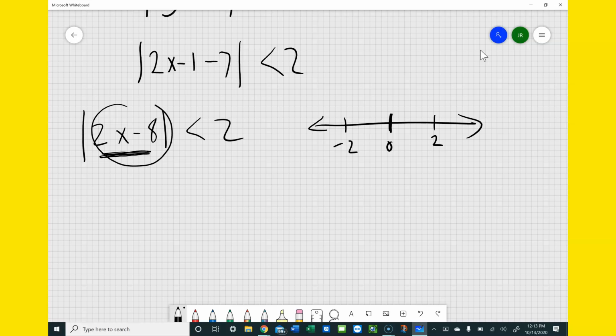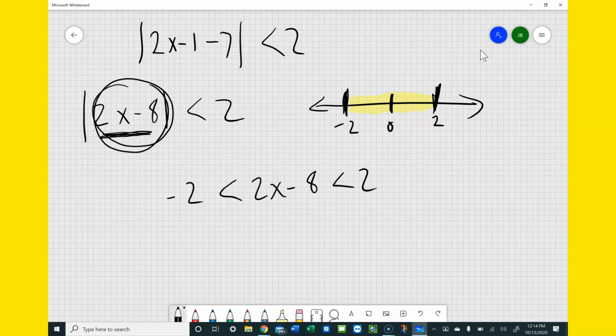We're saying that whatever's inside of this absolute value is less than 2 away from 0. So it's somewhere in that region there. That means 2x minus 8 is less than 2 while also being greater than negative 2. 2x minus 8 is between negative 2 and 2. That's what that absolute value means.